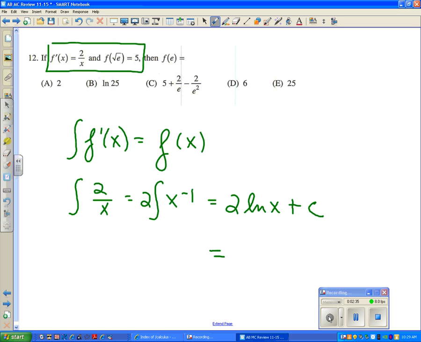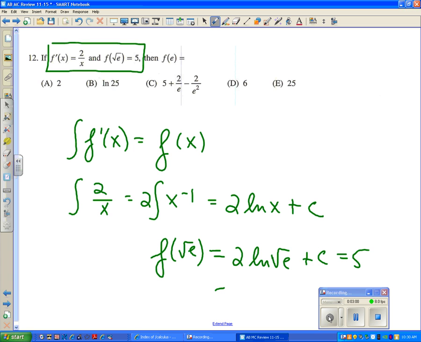That is to say, if we put f of radical e in this function, that is 2 natural log radical e, that's supposed to be an e, let's get that right, we're supposed to get 5 out.